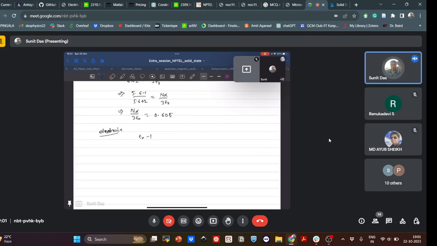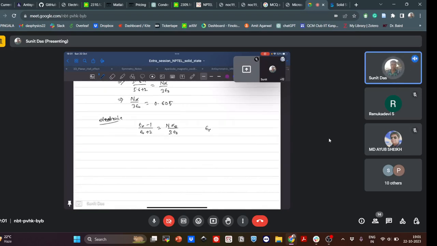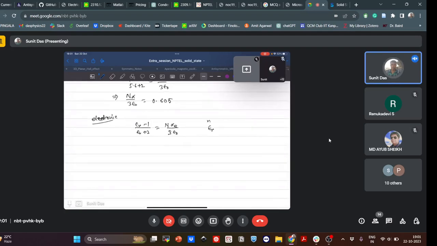So for electronic, let's say (epsilon r minus 1) over (epsilon r plus 2) equal to n alpha electronic by 3 epsilon 0. Now we are given the optical refractive index n equal to 1.5, right? The optical refractive index is primarily contributed by the electrons. So from this refractive index we can find the electronic contribution to the dielectric constant, and the relation between n and epsilon r is n equal to root epsilon r.